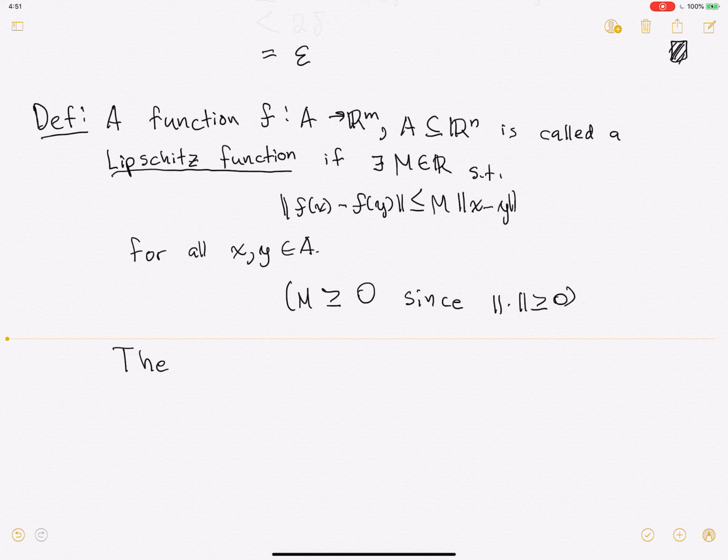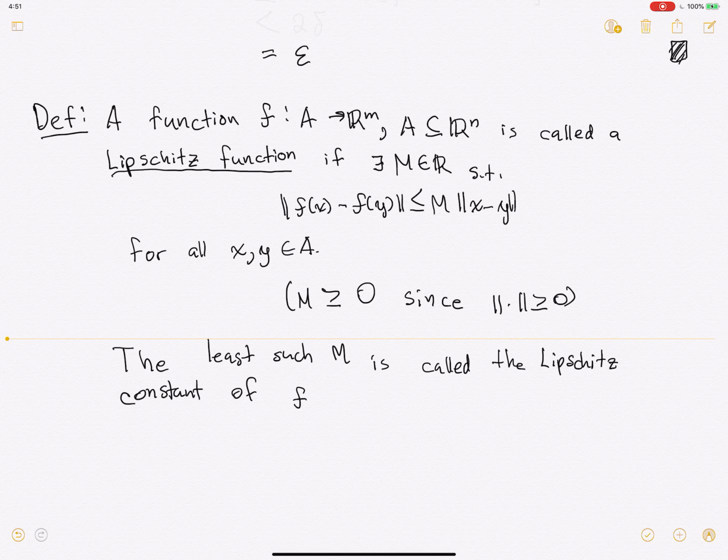Okay. There's more of this definition. The least such m is called the Lipschitz constant of f. Note that every Lipschitz function has a corresponding constant.